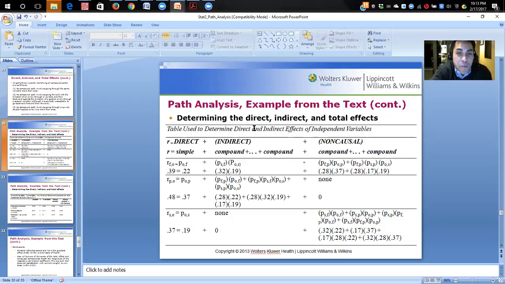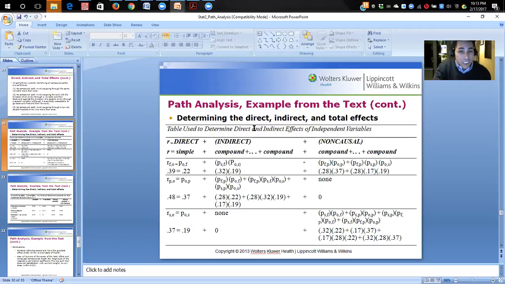Can you imagine without computers? I can't. So these are the PhDs way back in the 1960s who actually plugged this into a software. And so this is it. This gives you the direct, the indirect, and then you have the total effect.